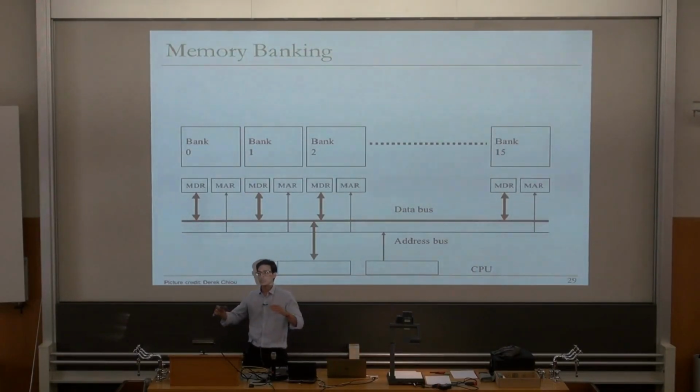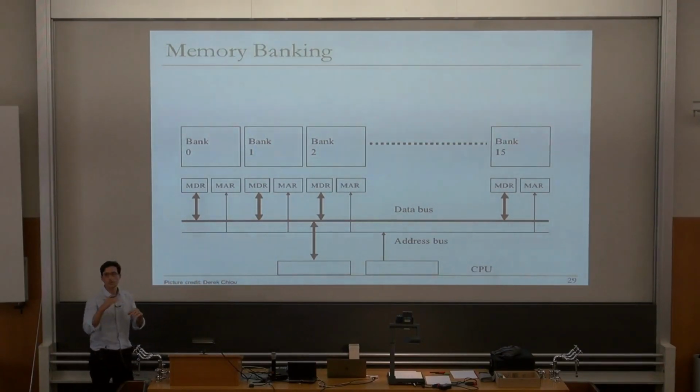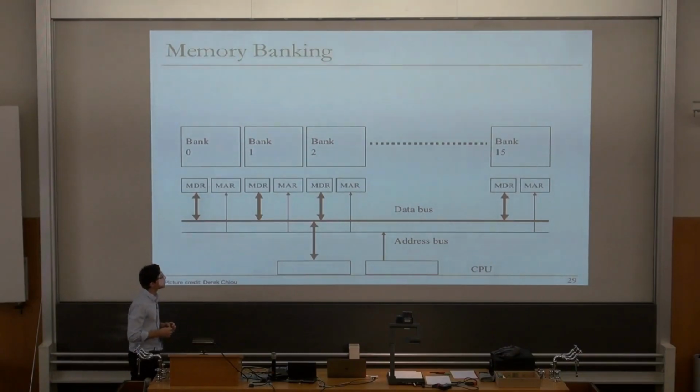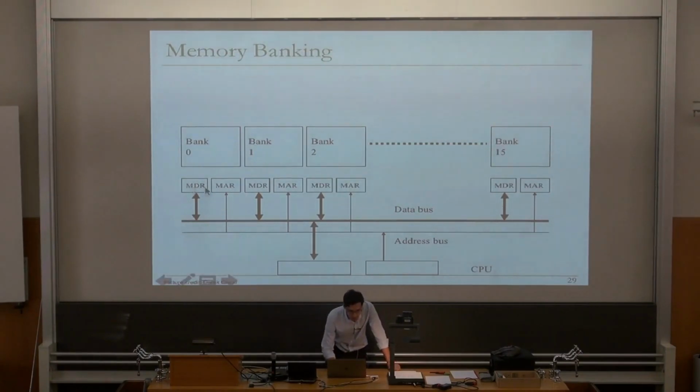Instead of having one single monolithic memory, one single monolithic array, what we do is chopping this entire memory into different parts. In particular, in this example, 16 parts, 16 banks. For each of these banks, we have one memory address register where we are going to have the address that we want to access in each of the banks, and also a memory data register where we are going to store the value that we read from memory or write to memory.